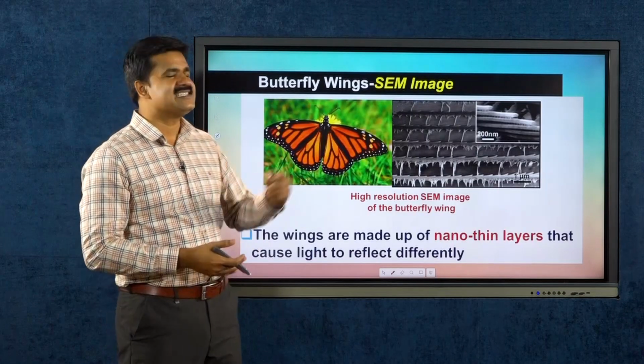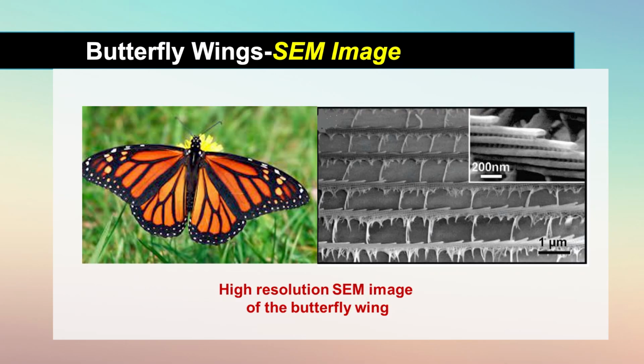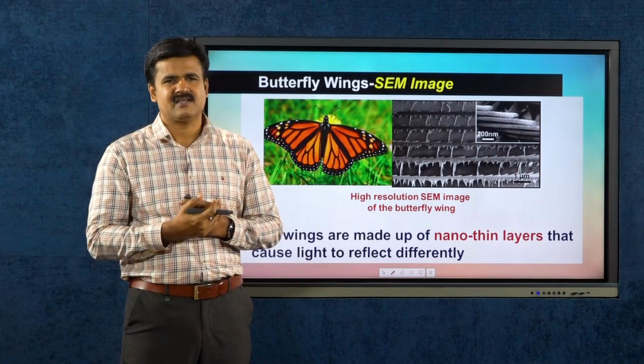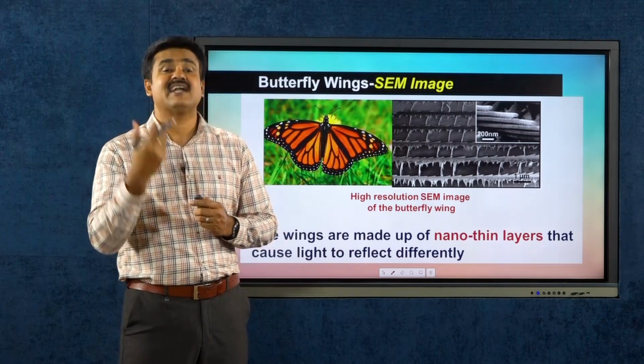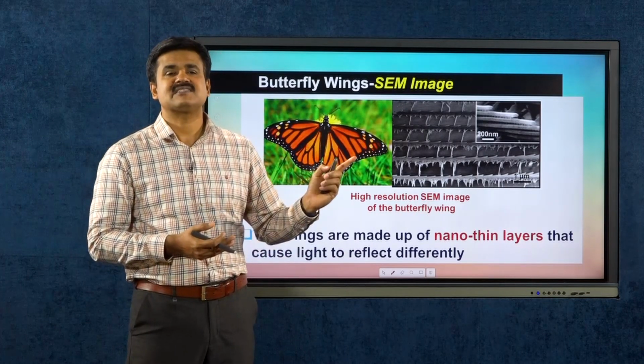Now, this is the scanning electron microscopic image of the butterfly wing. It is clear that the wings are made up of nano thin layers that cause light to reflect differently. So, the color of the butterfly wing definitely has a strong connection with the presence of periodical nanostructures in its wings.